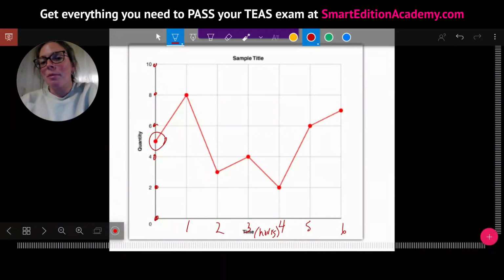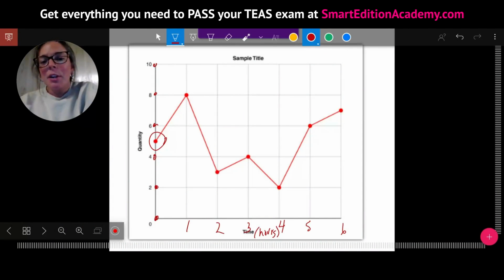Right in between 4 and 6 would be 5, obviously. This one also lies in between 2 and 4, so that would be a quantity of 3. You just want to be aware of that as you are looking at your graphs.